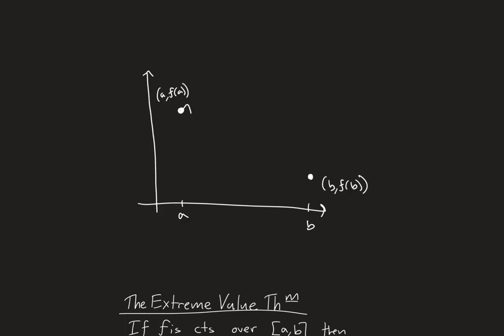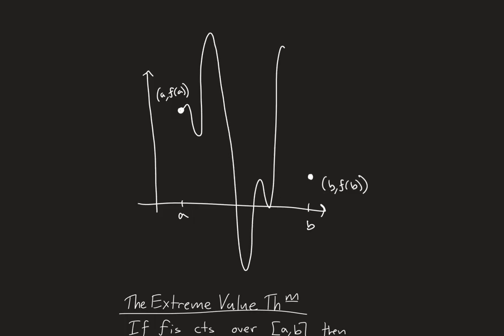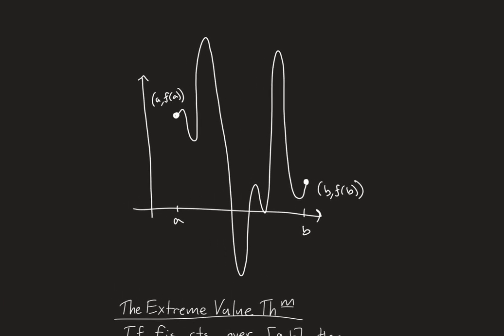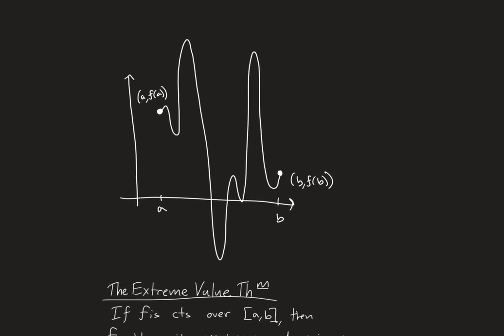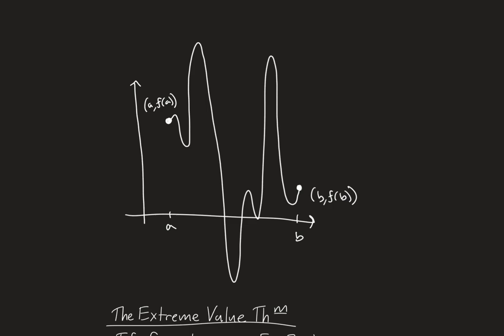I'm going to make it as obnoxious as possible. All right, so we have a continuous function. It has an x-intercept, stuff like this. What is this theorem saying? This theorem is saying this point exists.